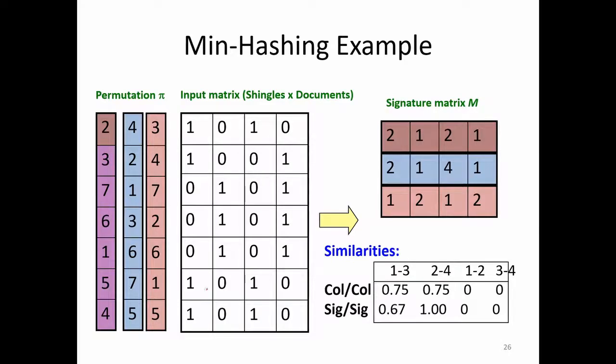This is the column to column similarity: column 1 and column 3 is 0.75, 2 and 4 is also 0.75, and 1 and 2, and 3 and 4 are 0, so there are no common symbols between these. When you consider the signatures, the similarity comes out to be 0.67 here, 1 here, and 0 and 0.